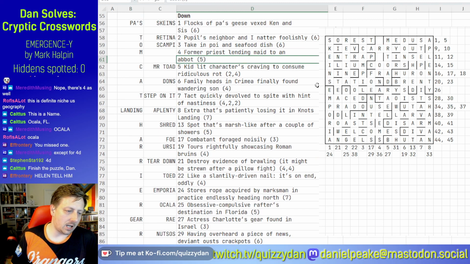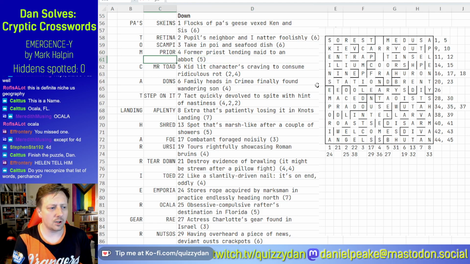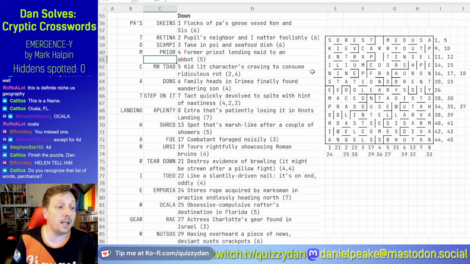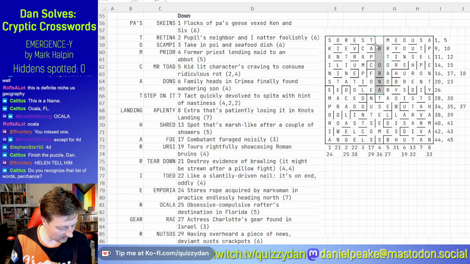Former priest lending aid to an abbot. Prior? Because if you're former, you're prior. Priest is PR. Where does the rest... I don't, irritatingly.